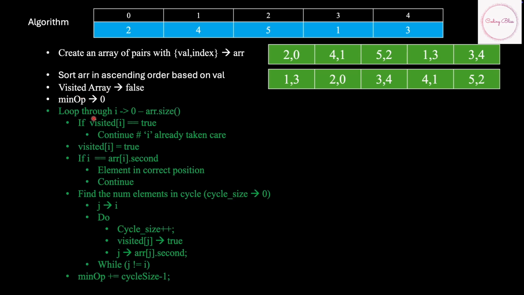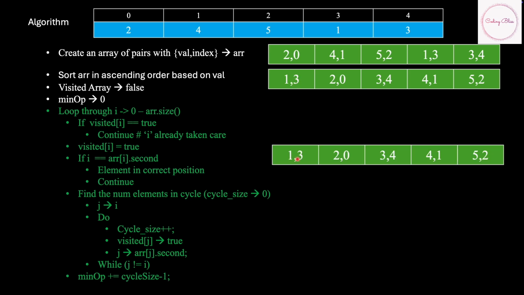Now let's do one thing. We will iterate through this array from 0 to array size minus 1. First we will check whether we have already visited the element. In this case, this is not visited, so we will come here and mark this element as visited.